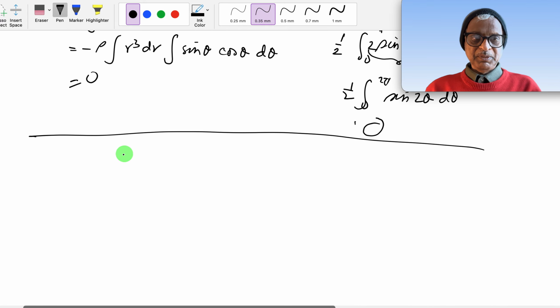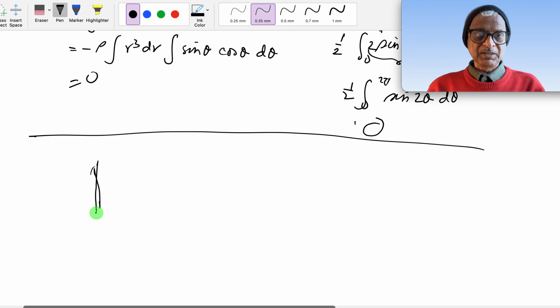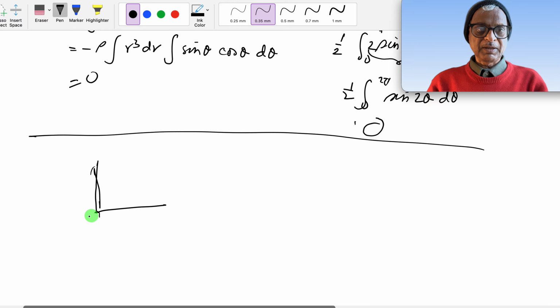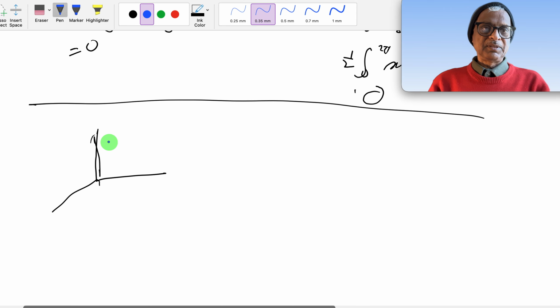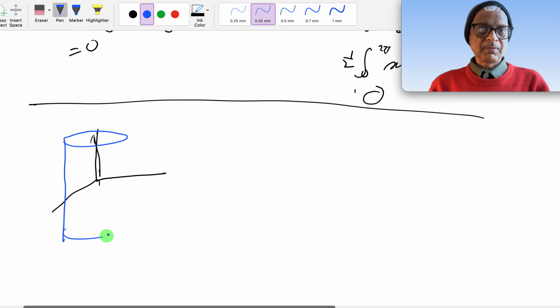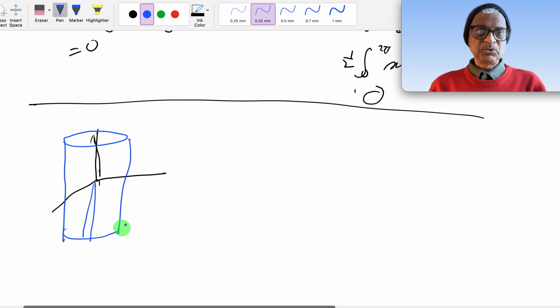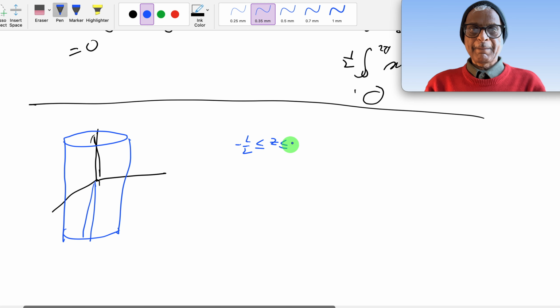So we will again choose the coordinate axes similarly. The system is symmetrically placed, so z goes from minus L over 2 to L over 2.